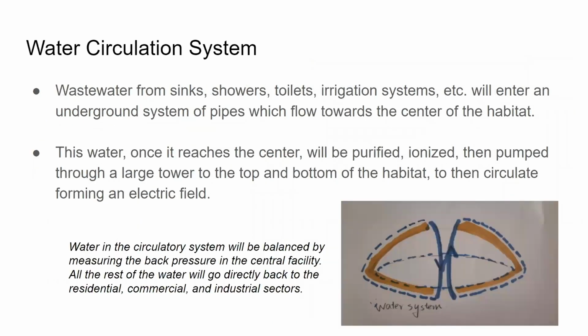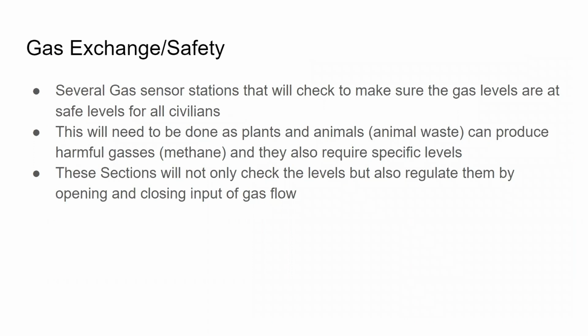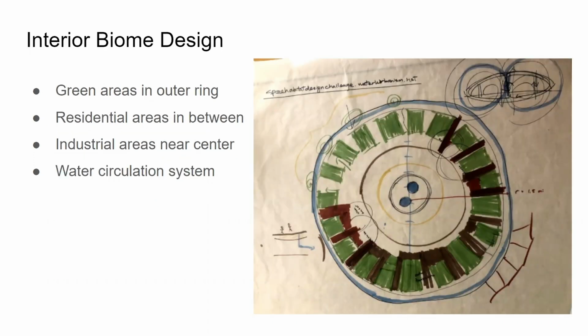Now I'll skip to this one slide real quick, but I'll go back to this. The water is going to be going around the entire dome-like structure. So it's going to be on one side going down, circulating, the other side circulating that way. Then it will circulate to the middle part where there'll be pumps that are going to be sending it through.